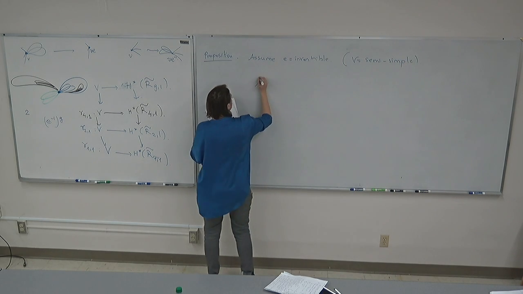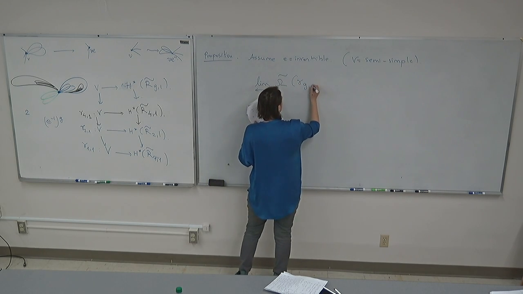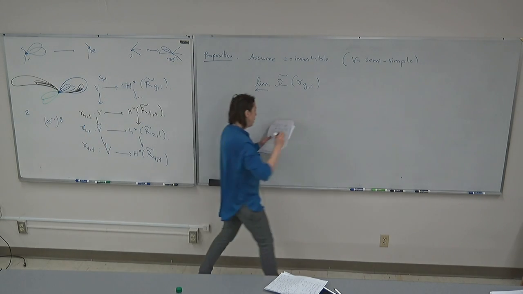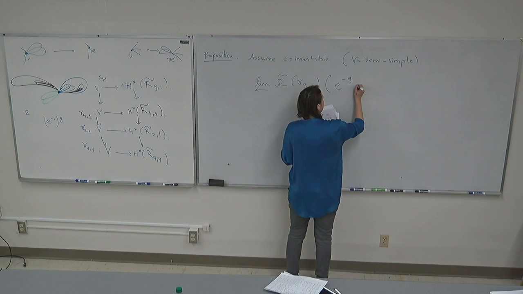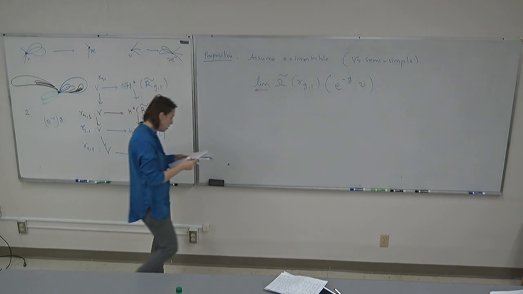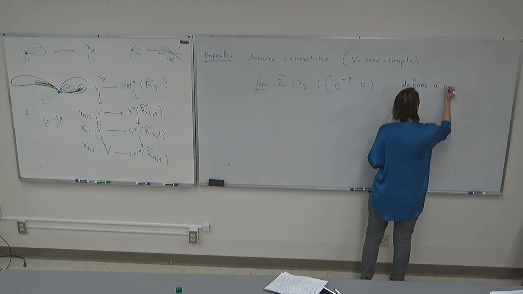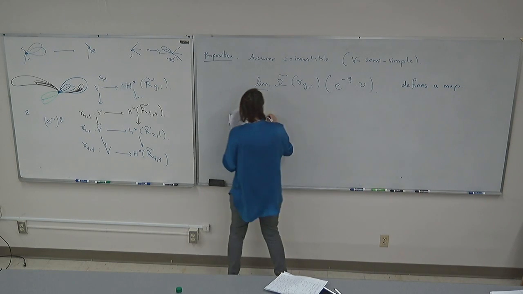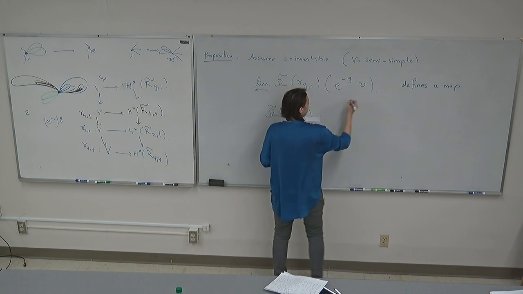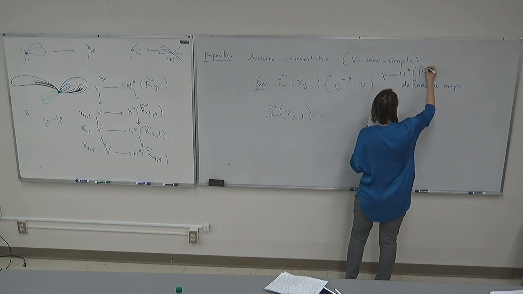Then I can take the projective limit of omega of this G1. So maybe this was the G1 level. And this I have to multiply by E to minus G times V, because this is the price I paid for adding this petal. So then this defines a map that I'm going to call omega of gamma infinity and 1, from V to the cohomology of RG1.